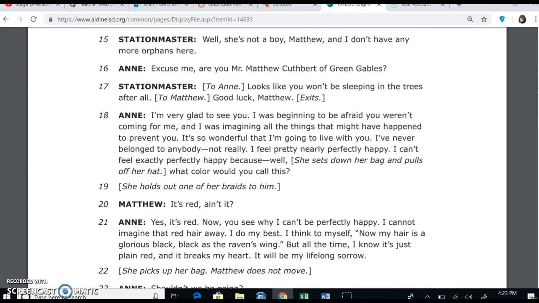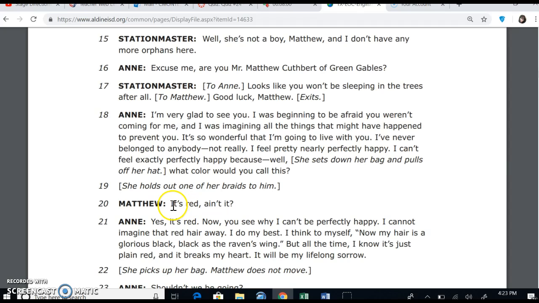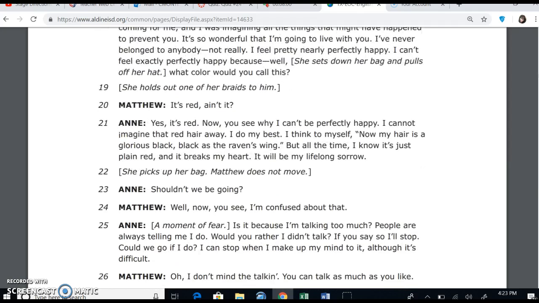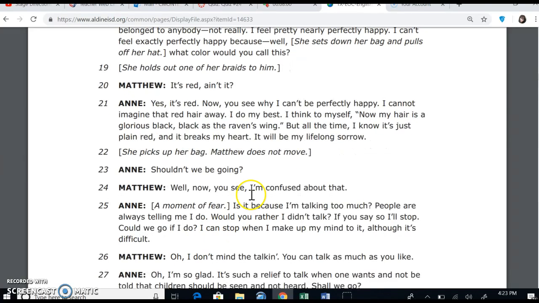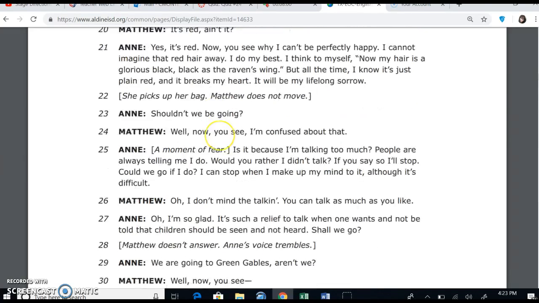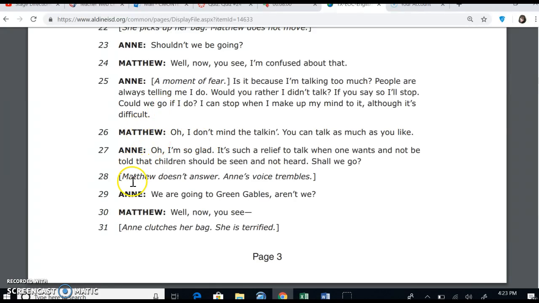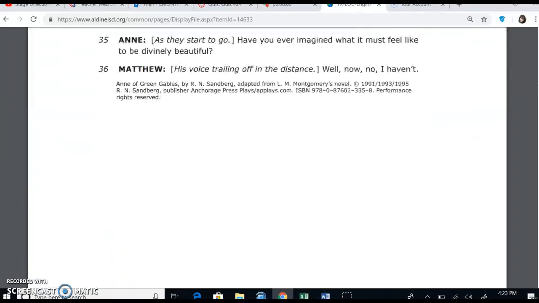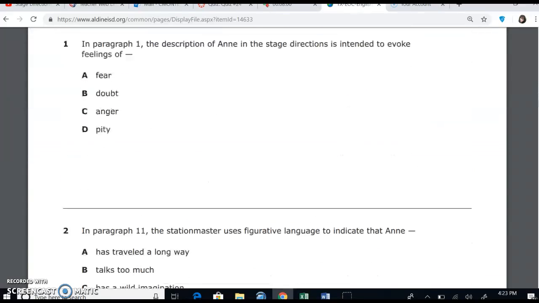Okay, make sure you highlight all his lines, everything that he says in the whole play, and the stage directions that show here. So here, right here, Matthew doesn't answer, Anne's voice trembles. Those are some of the stage directions. So you do need to highlight what he's saying and the stage directions that are telling him what to do for that question.